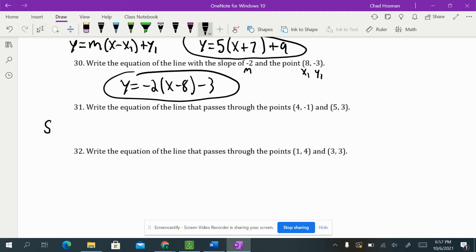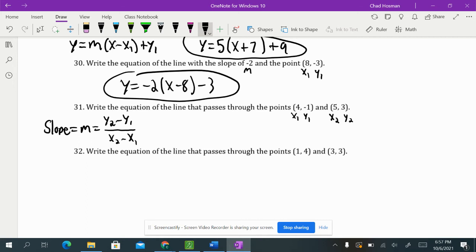And if we remember our slope equation, slope, which we know is m, is equal to y2 minus y1 over x2 minus x1. And lucky for us, it gives us these points that we can use. So 4 can be x1, negative 1 can be y1, 5 can be x2, and 3 can be y2.